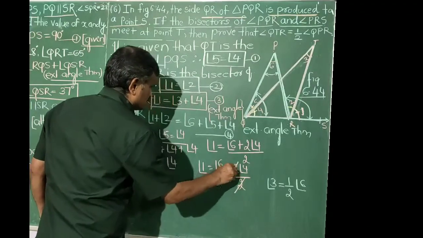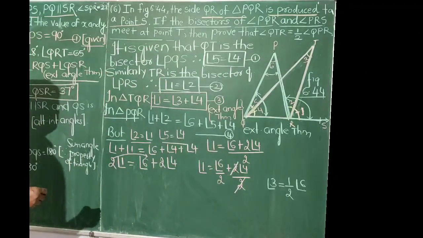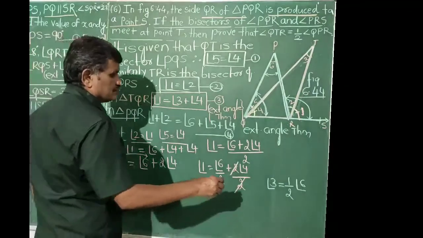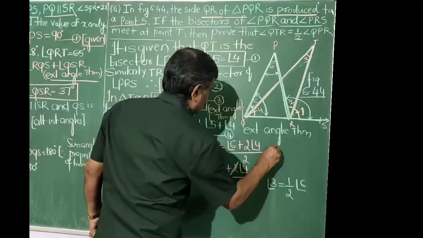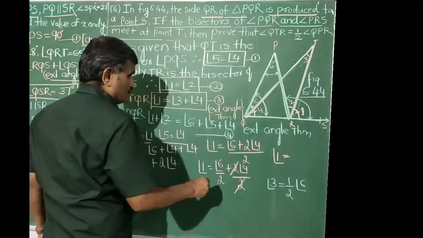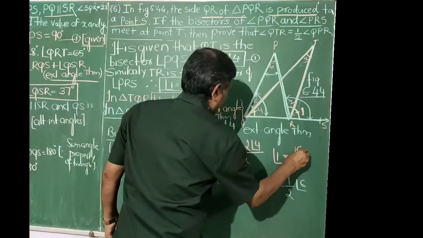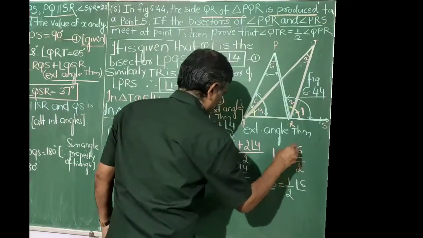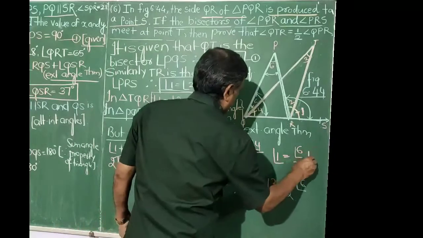So this 2 cancels with 2. So finally what I get is angle 1 equal to angle 6 by 2 plus angle 4.